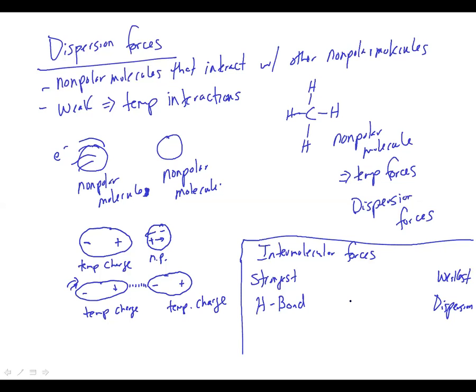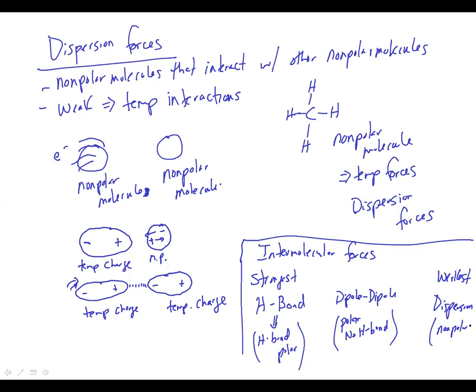And sort of in the middle is our dipole forces. So again, this is guys that can hydrogen bond and are polar. These are guys that are polar but no hydrogen bonding available. And these are guys that are typically nonpolar molecules.